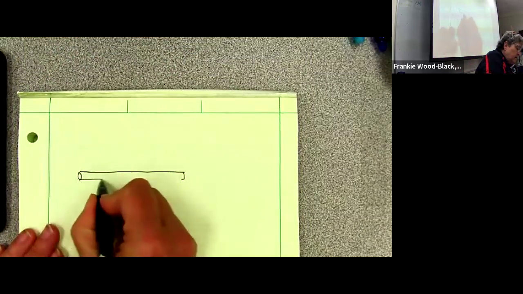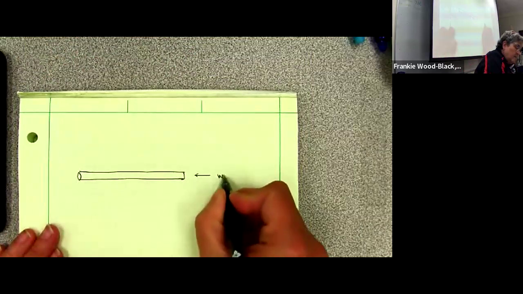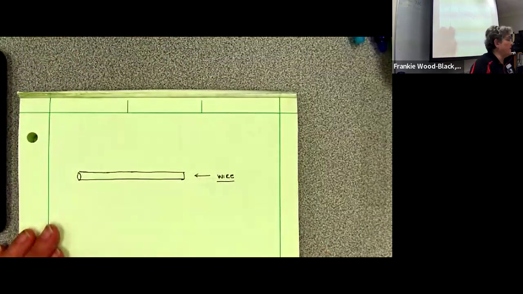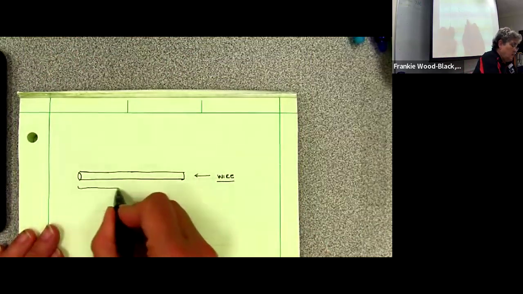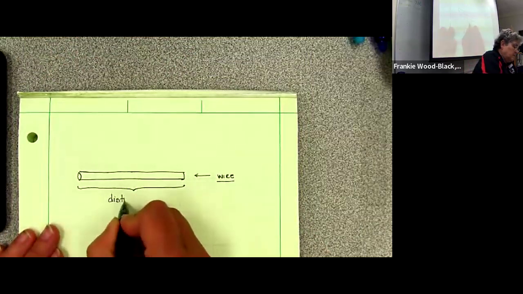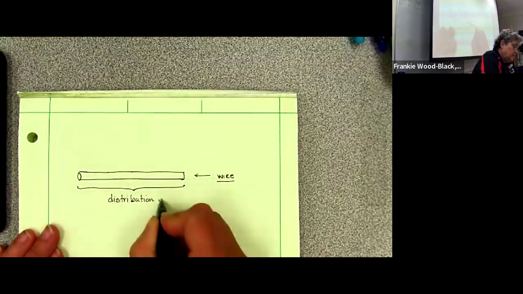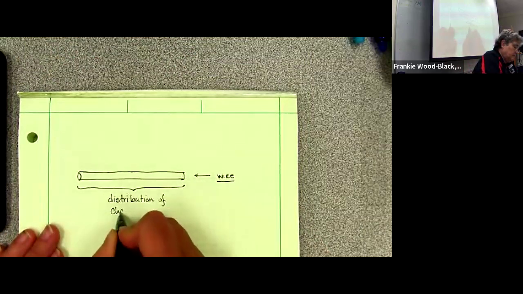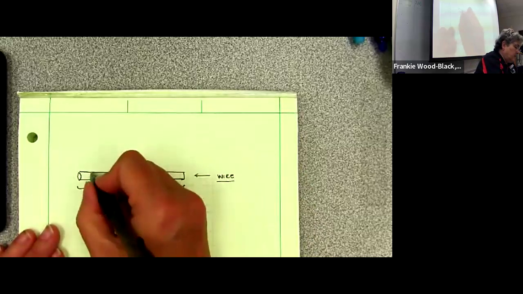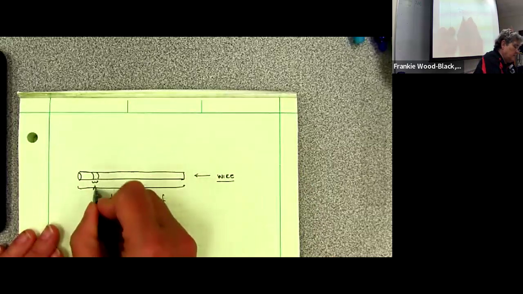So I have a wire. Okay, and we can think of a wire as a distribution of charge. So I can look at this as an incremental piece of charge.